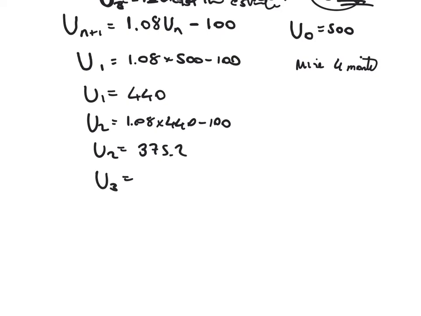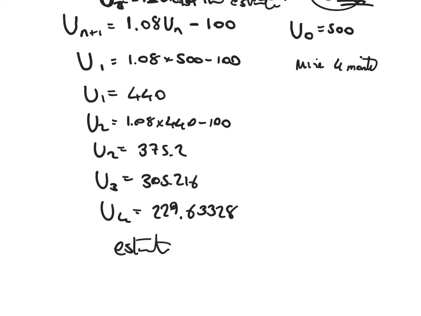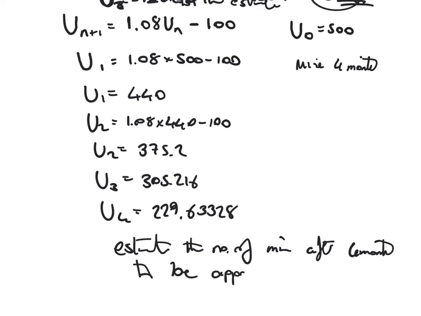After 3 months, hit the equal sign, and that will give me 305.216, and after 4 months, hit the equal sign again, and that will give me 229.63328. So we could estimate the number of mice after 4 months to be approximately 229.